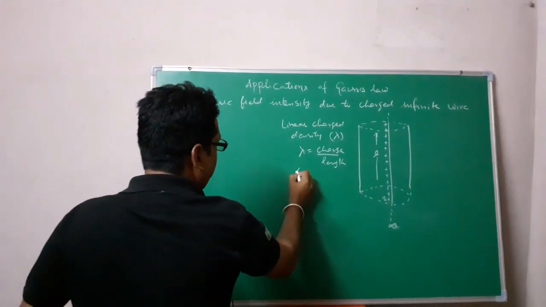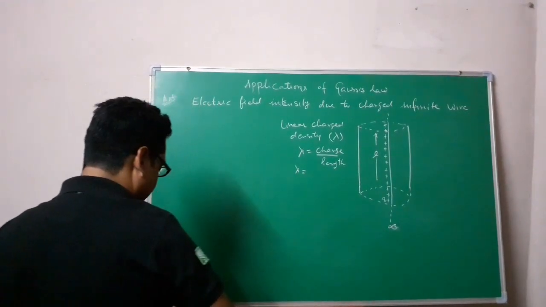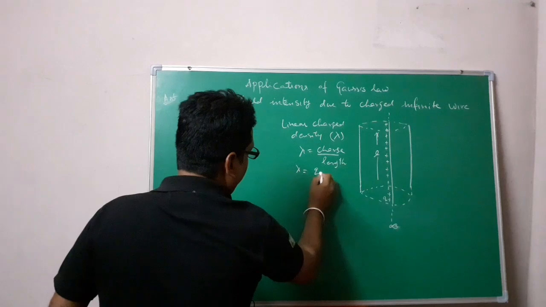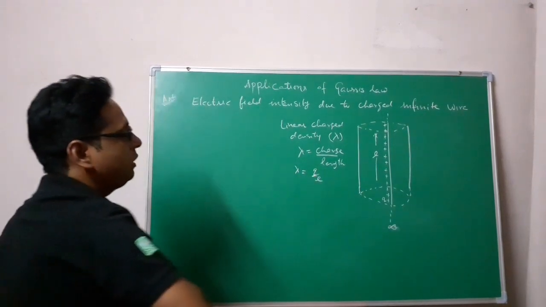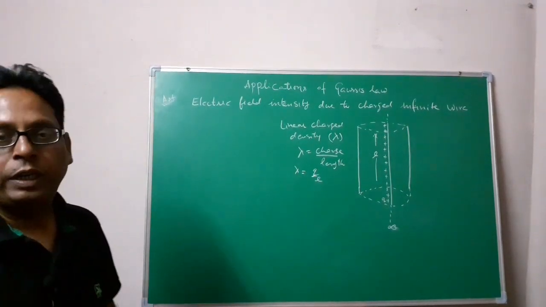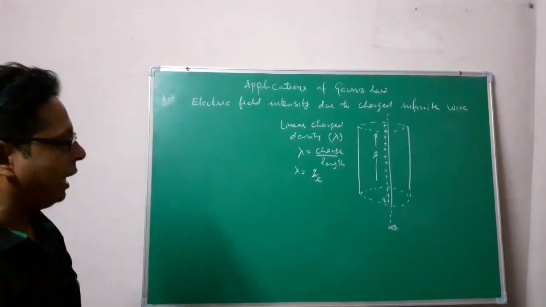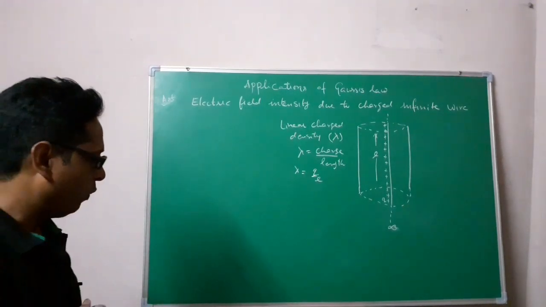So what we will do, this lambda is equal to Q upon L. This is from the definition when we are distributing charge along the length of the wire.